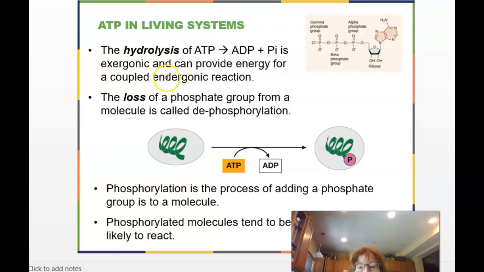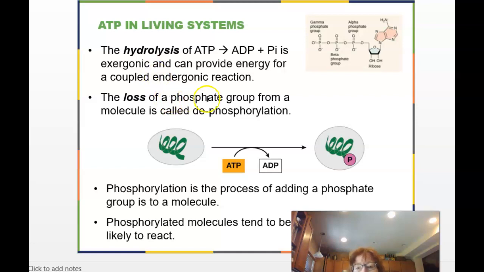So remember, endergonic reactions don't move forward unless they have energy supplied, because these are the uphill reactions. These are not spontaneous, in other words. So we can couple these two, a reaction that's endergonic with this hydrolysis of ATP, which is exergonic, in order to provide the energy to move a reaction forward.